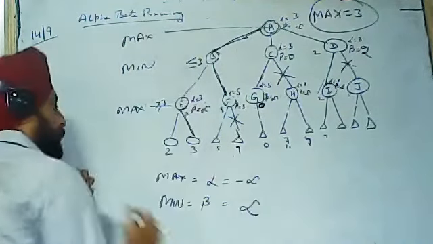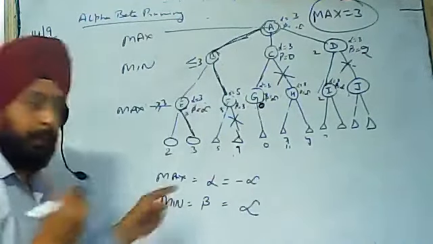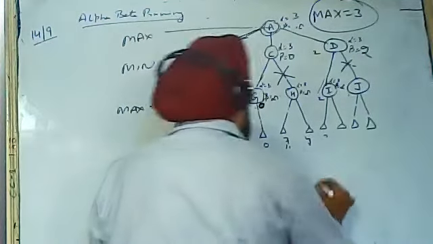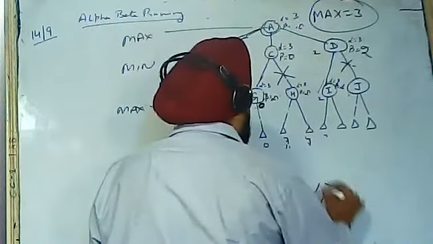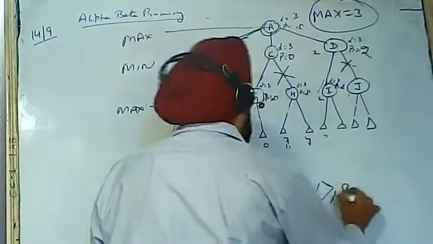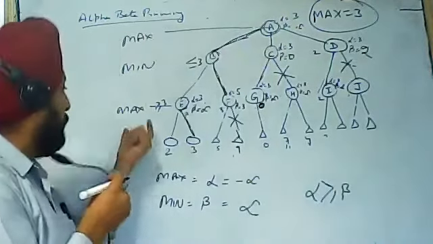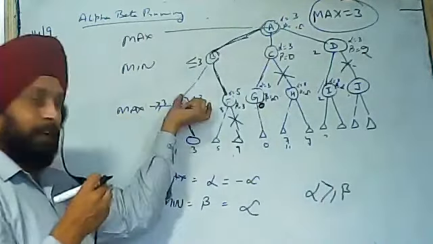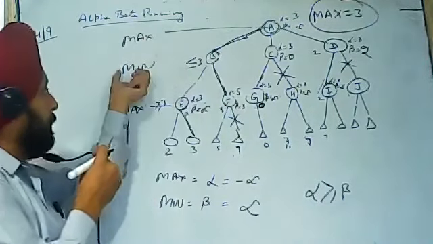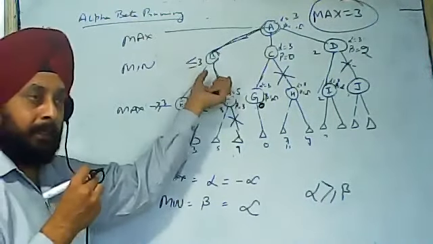This you have to remember. Then the terminating condition, the pruning condition, is alpha is greater than beta. Next point to remember: at max the value of alpha gets changed, at min the value of beta gets changed.